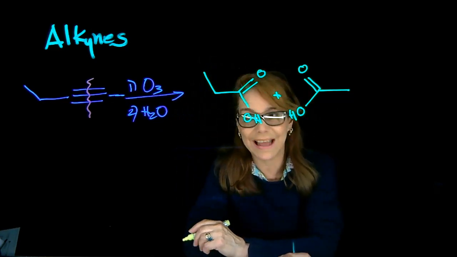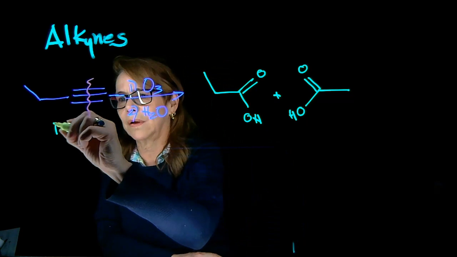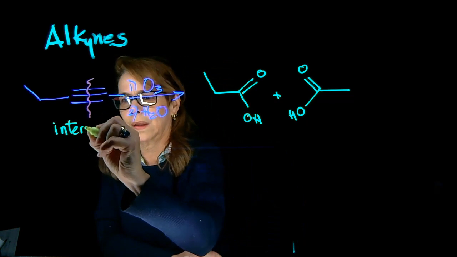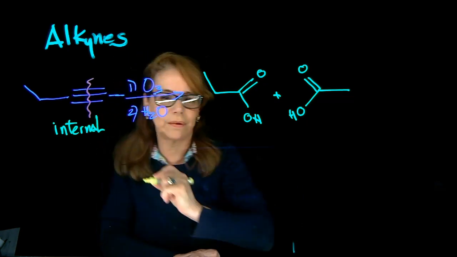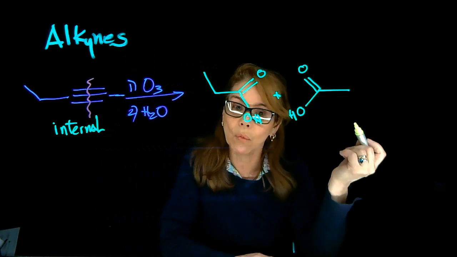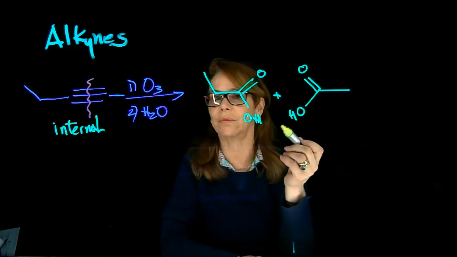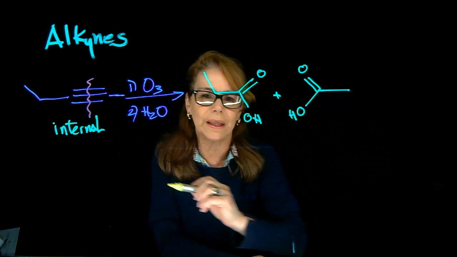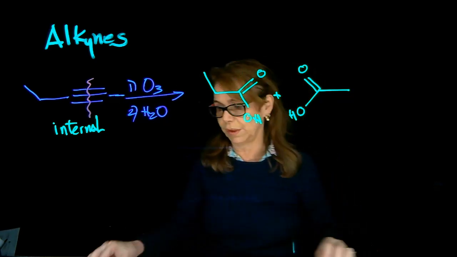So when it is an internal alkyne, we have carboxylic acid, and you will have 1 product if this is symmetrical, of course. If you had a symmetrical one, then you will have 2 moles, so we can write it down.